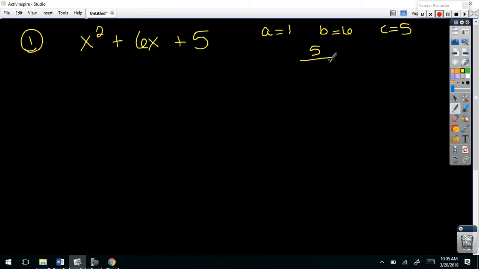What multiplies to 5? 1 times 5. 1 and 5, that's right. Multiplies to 5, adds to 6. Right?